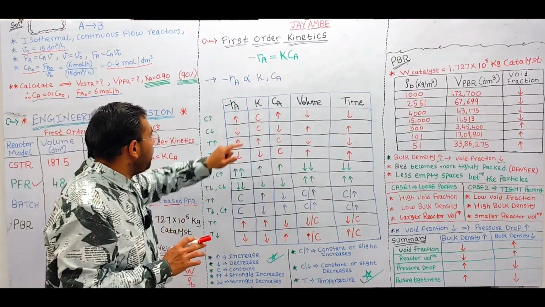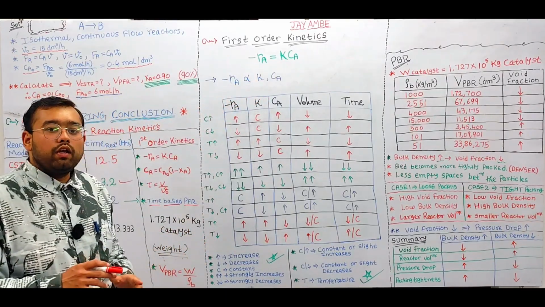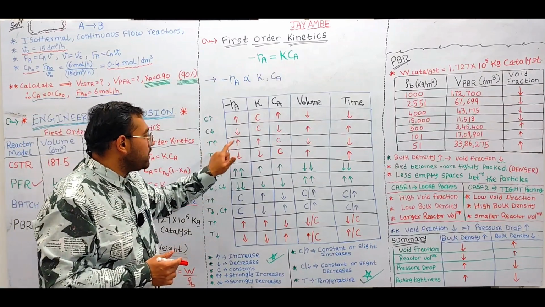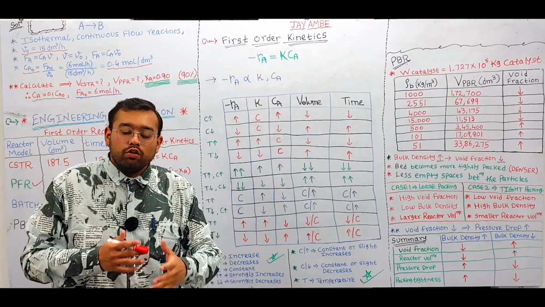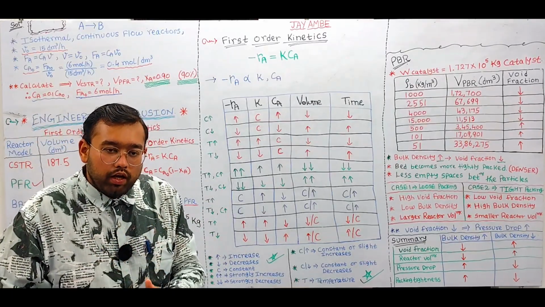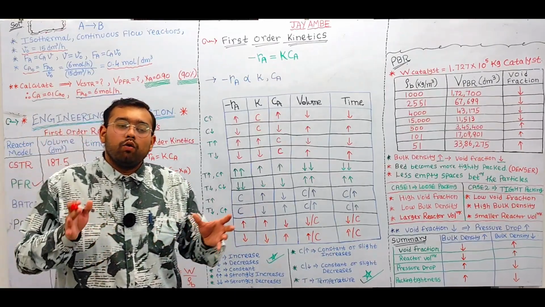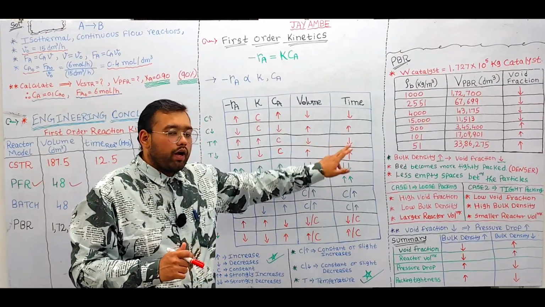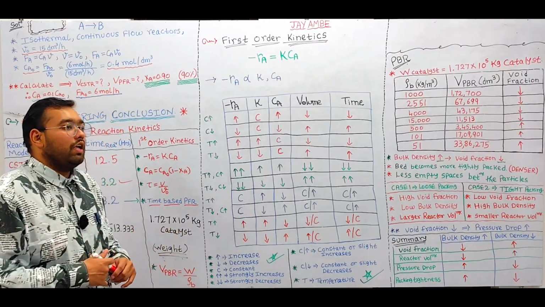Which means if we increase the reaction rate constant, the reaction rate will also increase, which means the speed of the reaction has increased. So due to the increase in the reaction rate, we will require a smaller volume of the reactor and lesser reaction time. I hope you understood.